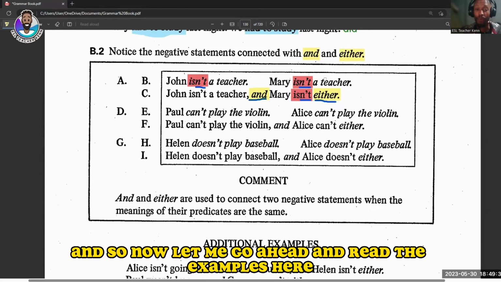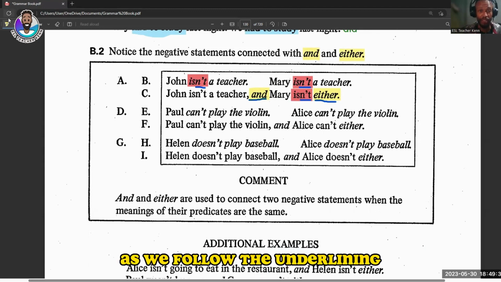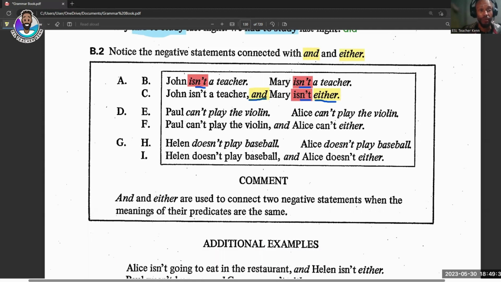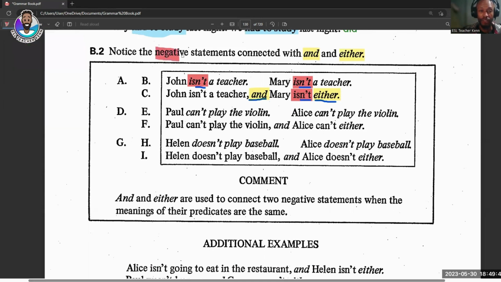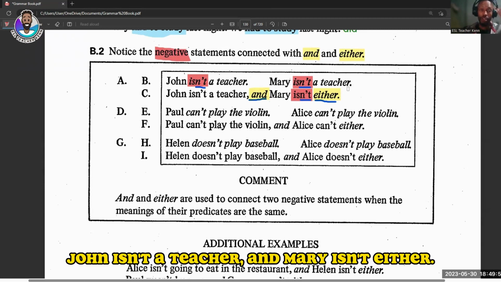Now, let me go ahead and read the examples here as we follow the underlining. We have, again, negative statements. So, John isn't a teacher. Mary isn't a teacher. You would say, John isn't a teacher and Mary isn't either.